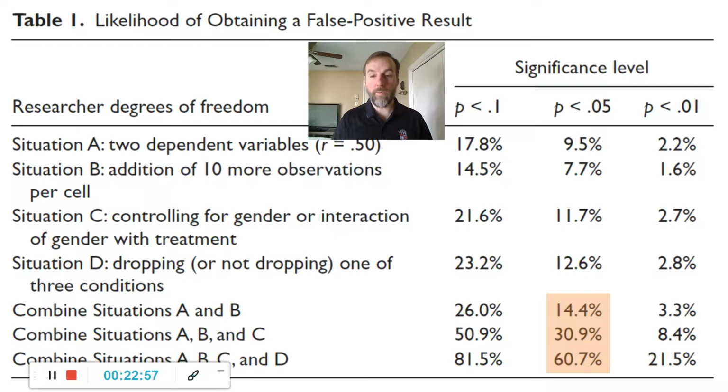It could be 61%. And in more realistic studies that we run, where there's maybe more than one covariate, maybe there's more than 3 experimental groups, maybe there's more than 2 dependent variables, this effective alpha wouldn't be 61%, it could be even higher.